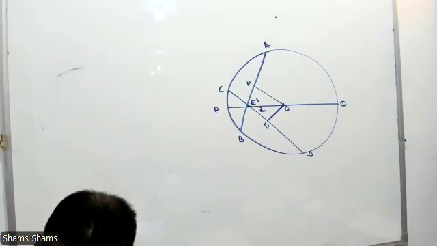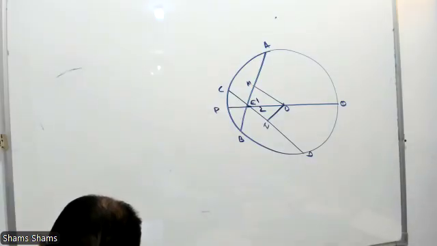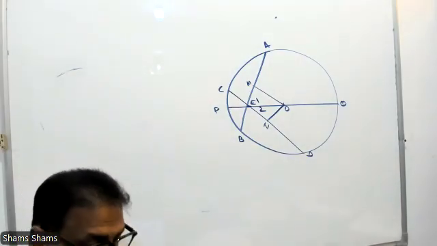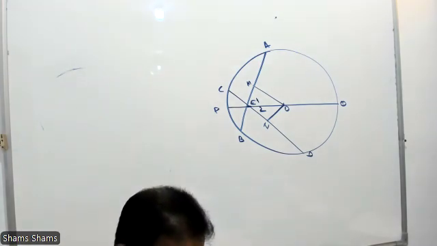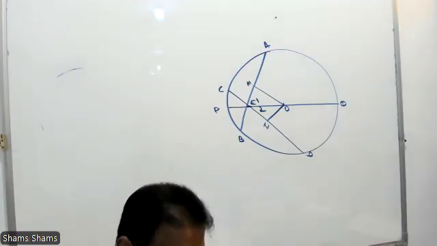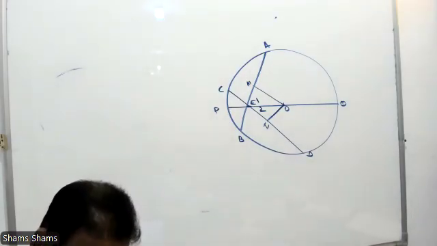Hence, OM equal to ON by CPCT. Therefore, AB equal to CD.